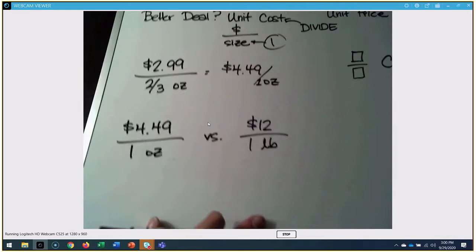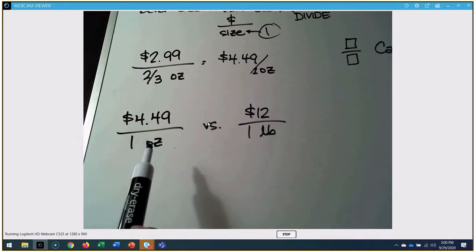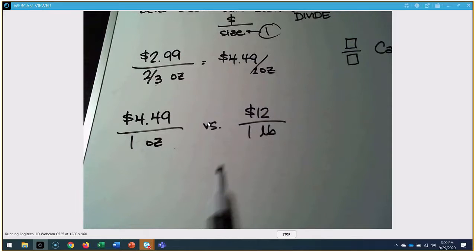Okay, that's what I'm trying to price compare. You can't compare this. This is apples to oranges. We need it to be apples to apples. So what I'm going to do is pick one and convert it to the other one.